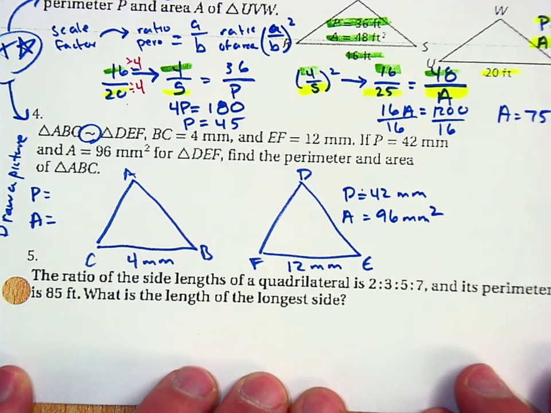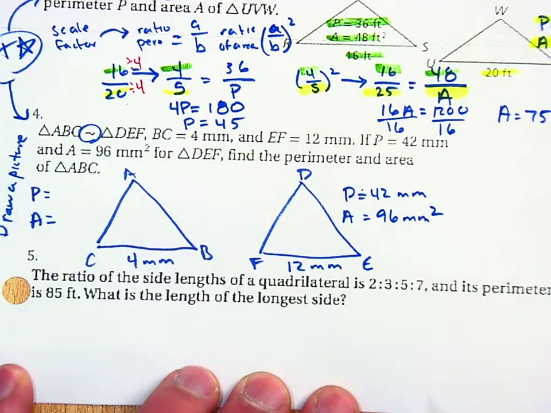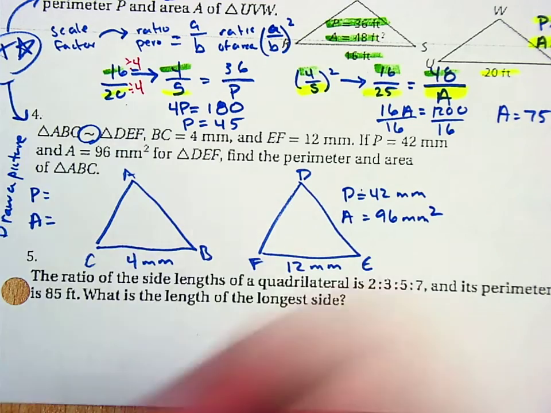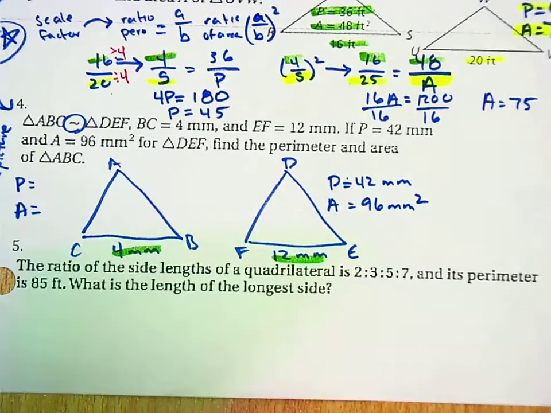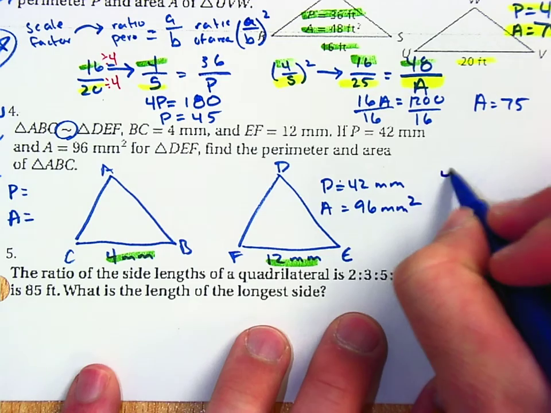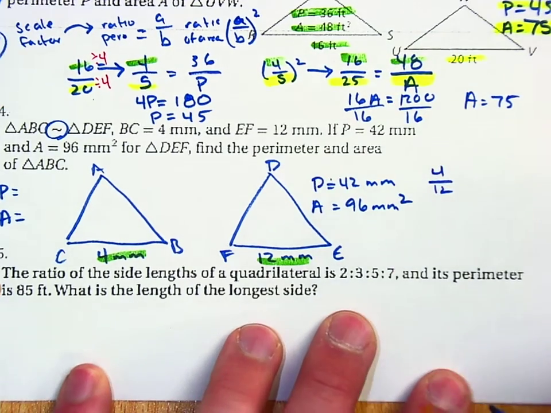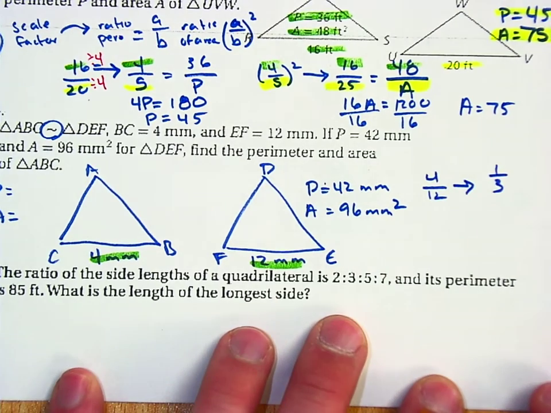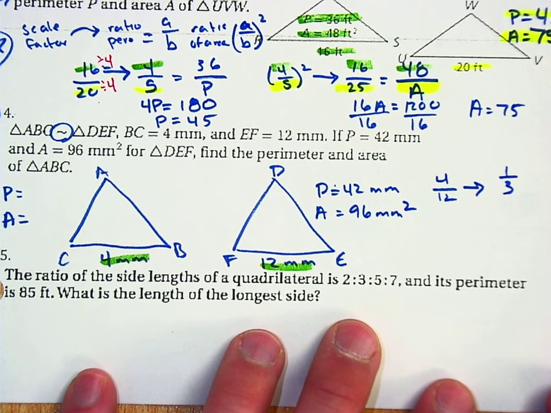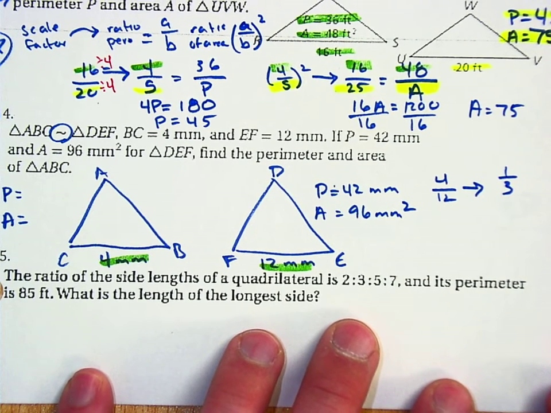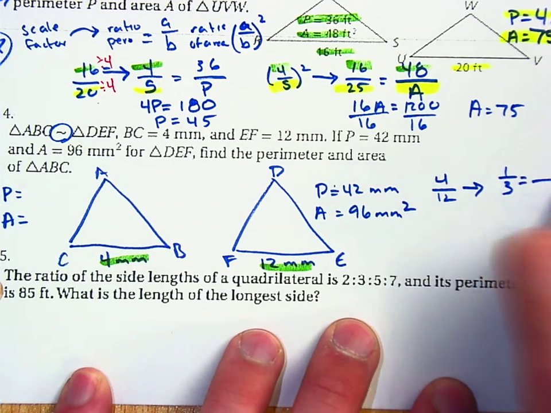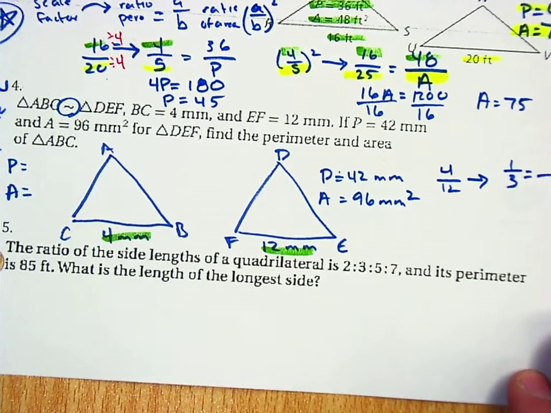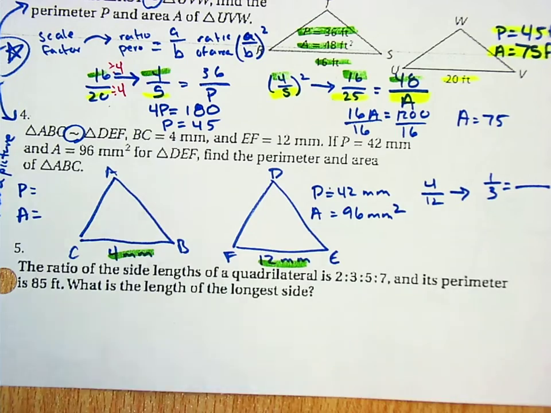Okay, well, I know that I need to start by finding my scale factor, and I can do that by placing one side over the other. I'm going to again do small over big, or 4 over 12. Well, that reduces to 1/3, and that's my ratio of the perimeters. So I can set up a proportion using that. I have small over big.